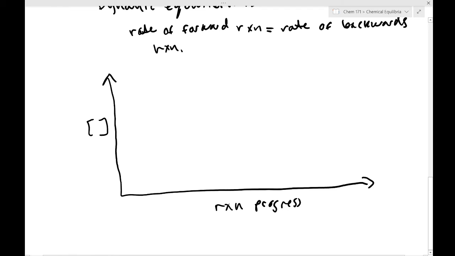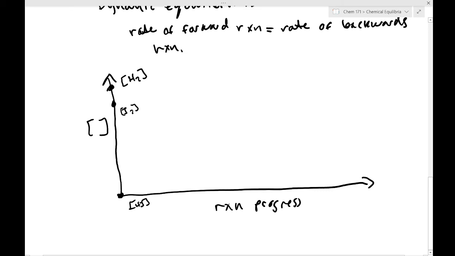So in the very beginning, we start out with some concentration of HI and some concentration of I2 and some concentration of H2. Let's say that those two dots are there. And of course, at the very beginning, we have zero concentration of HI.